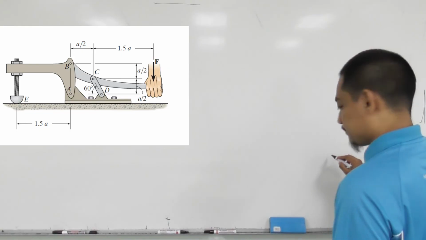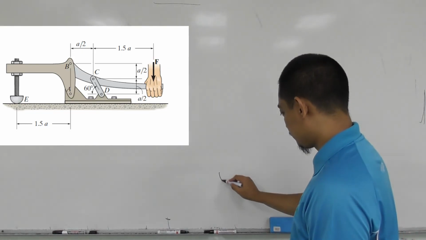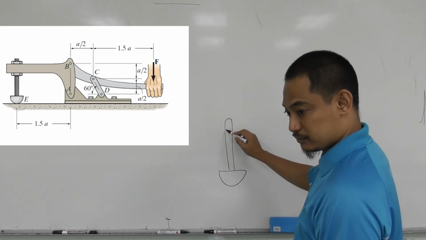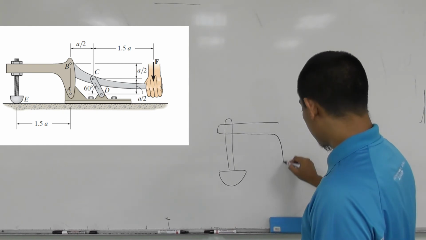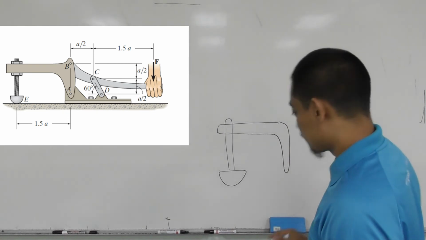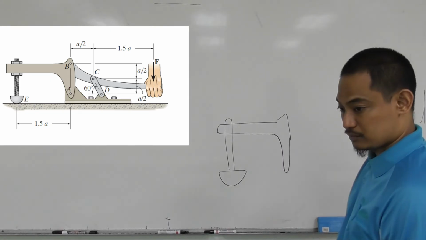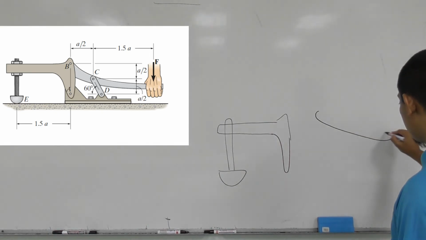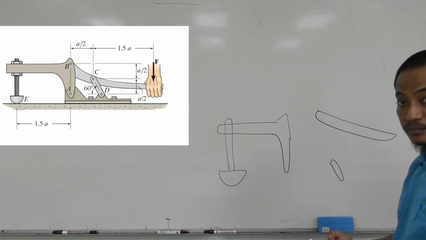So member, so if I draw that, and then we have that, and then the two force member, right?